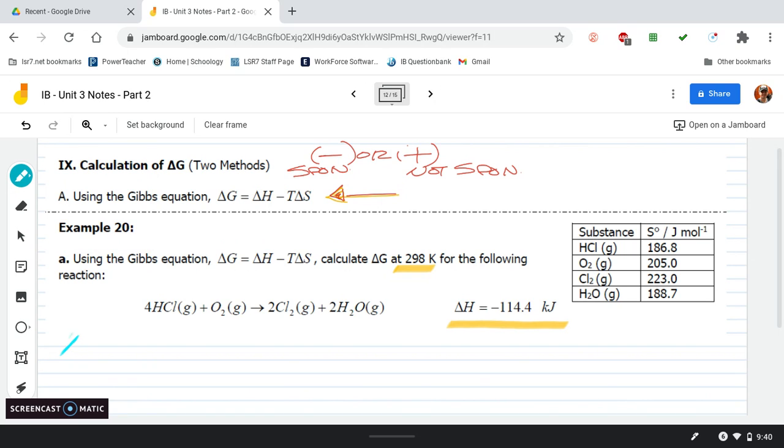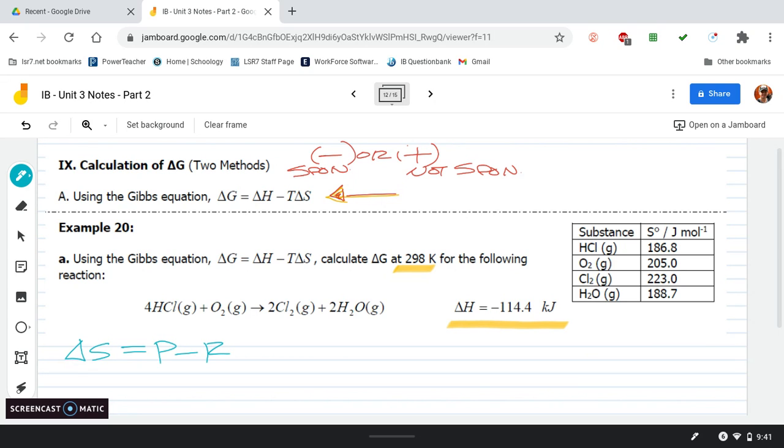Okay, so delta S, or the entropy. This is entropy, delta H is enthalpy. So delta S is simply products minus reactants.